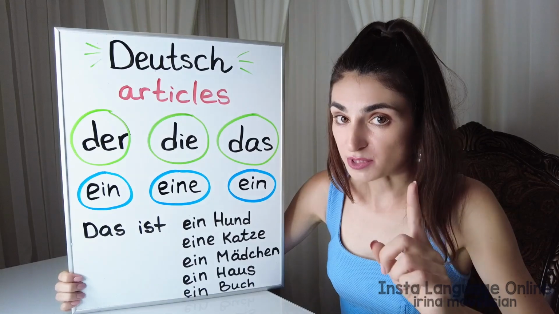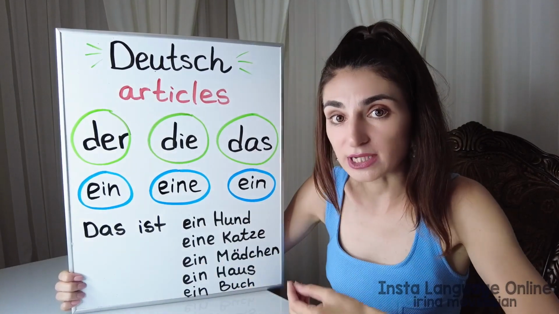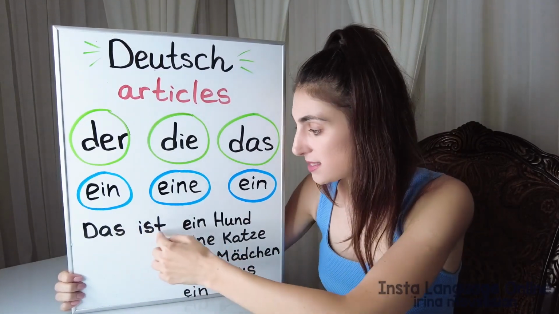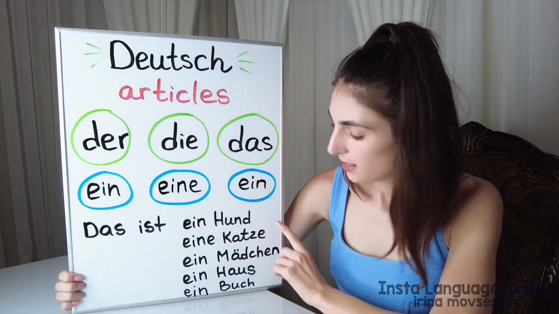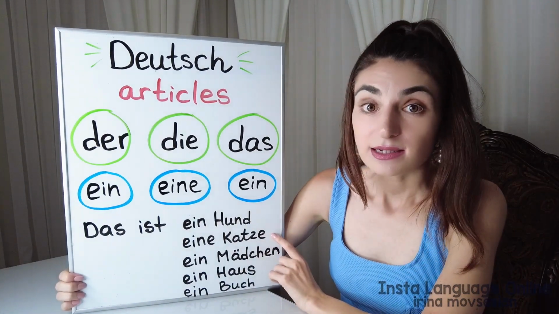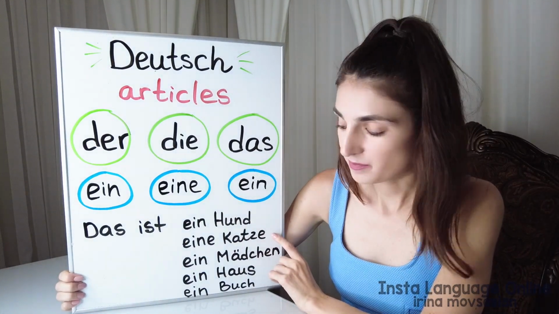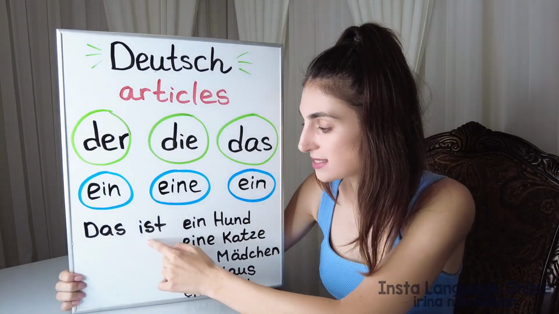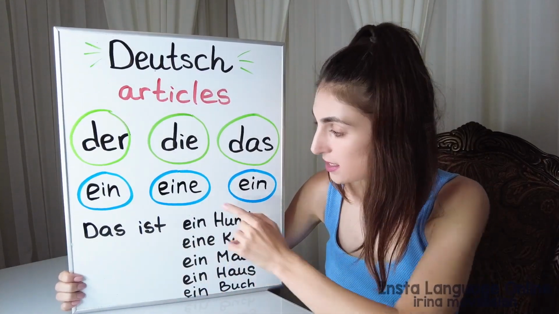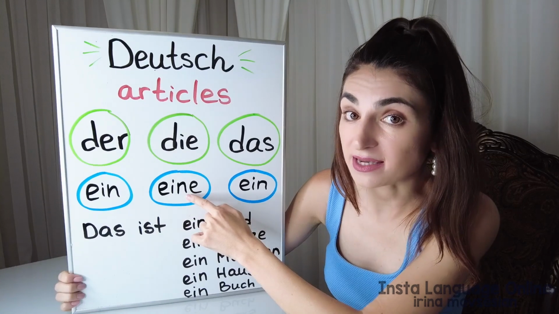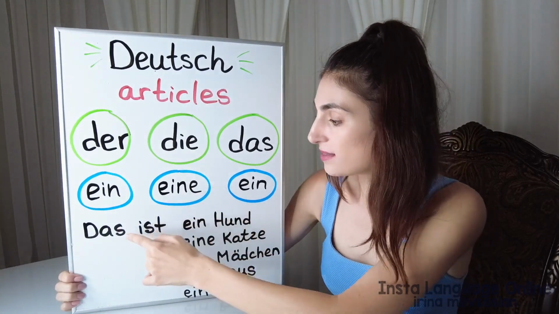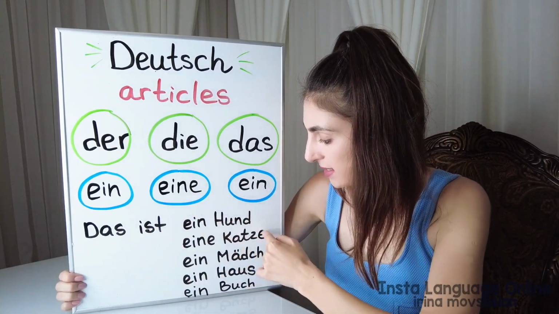It's one subject. So we have to put an article ein. Das ist ein Hund. Die Katze, the cat, is feminine. So we say das ist eine Katze. So we are using a feminine article right now. Das ist ein Hund, das ist eine Katze.